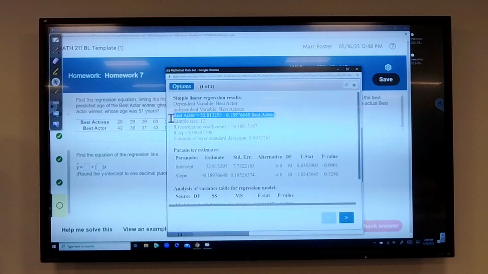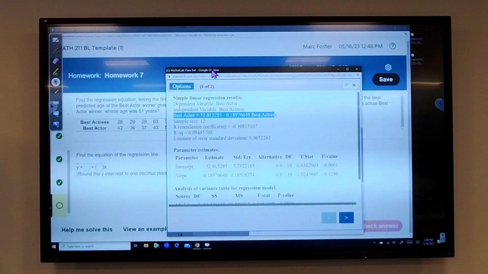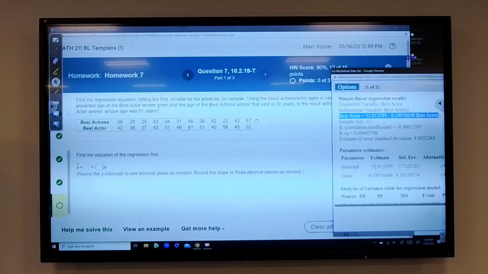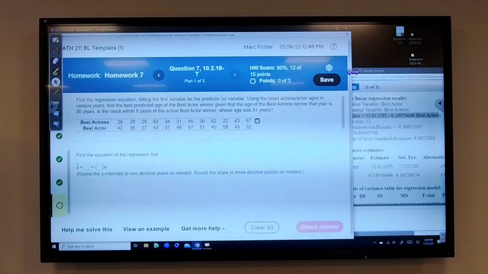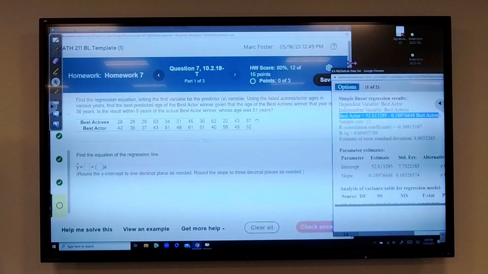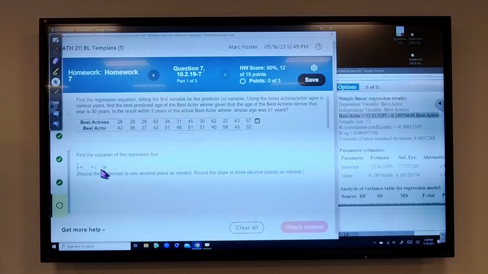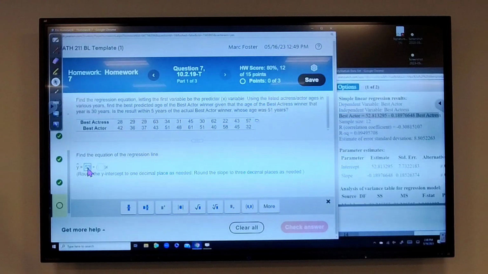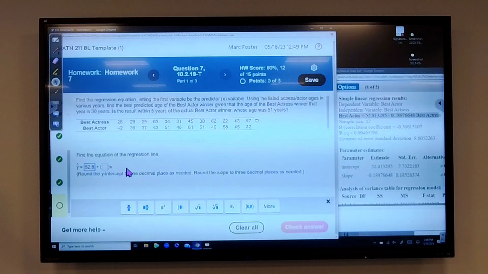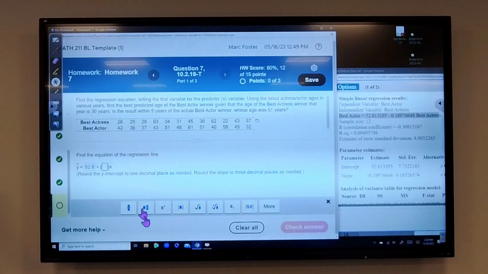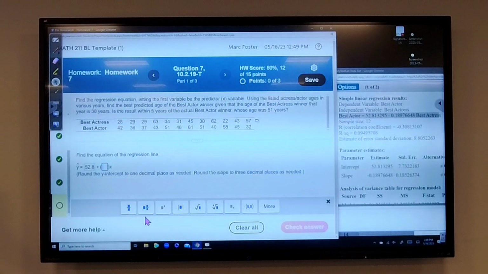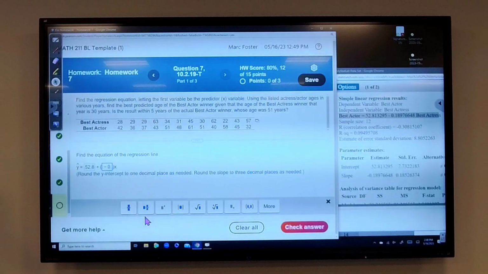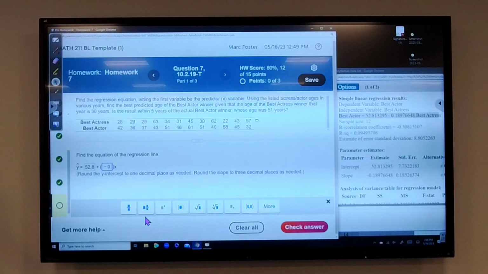And here I have my equation. Now they have some careful rounding instructions here. They said for the y-intercept, round to 1 decimal. So that would be 52.8. And for the slope, use 3 decimals. So that's negative 0.1897.